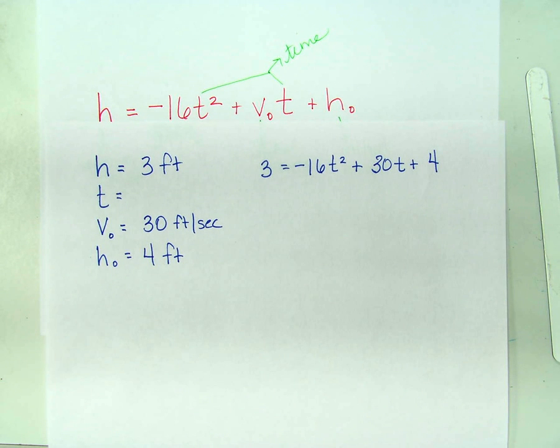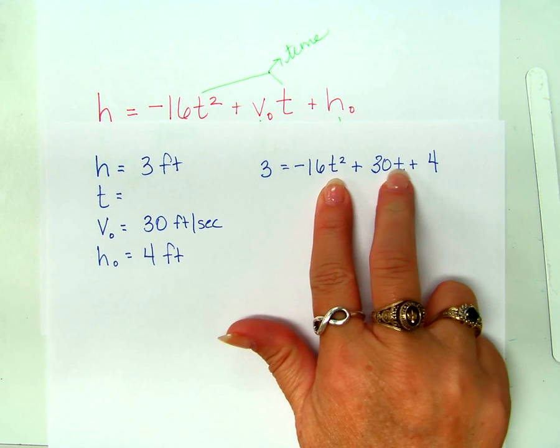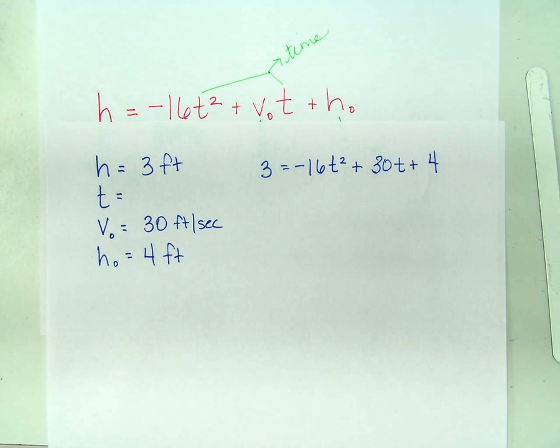The only problem with isolating the T variable is that I have 2 of them, one here and one here. What would happen if my velocity was 0? Then that term would be 0, right? 0 times T would be 0, and so I could do exactly what he said. I could put the T squared on one side and the constants on the other side, and solve for T that way. But since I have a T squared term and a T term, what do you think I want to do? Yes, sir?